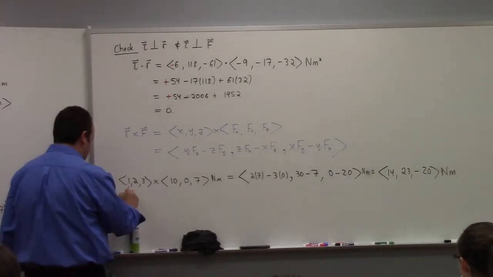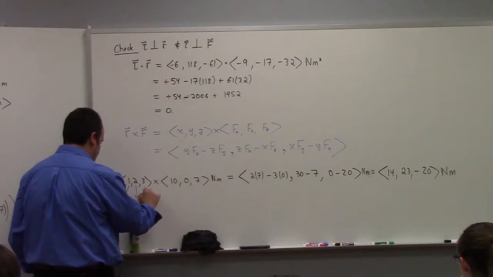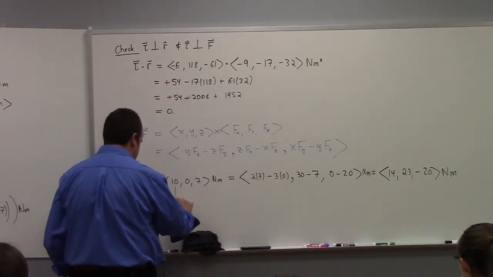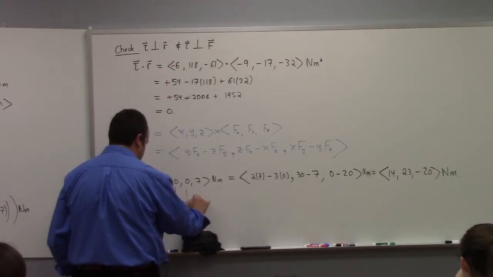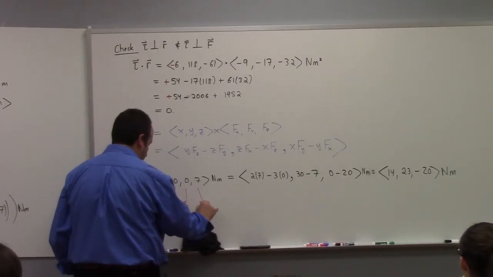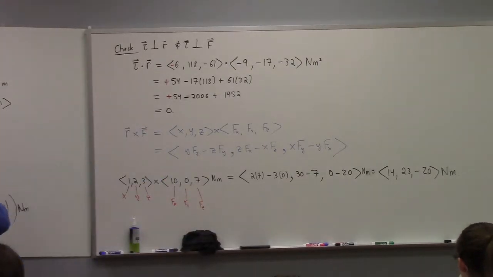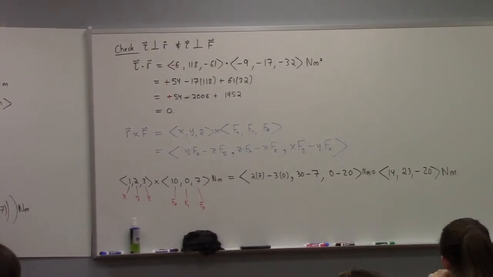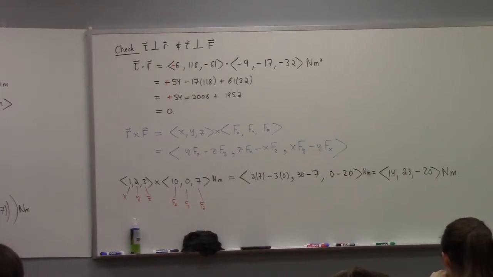So this is x, this is y, this is z, this is fx, this is fy, this is fz. So 2 times fz is 2 times 7 minus z, which is 3, fy is 0. Okay, fine.